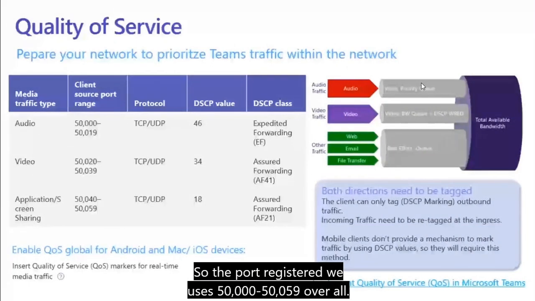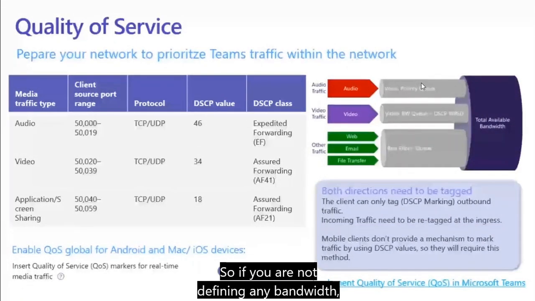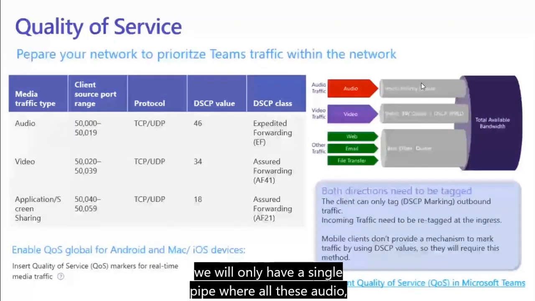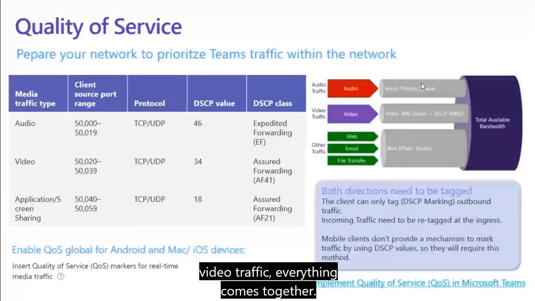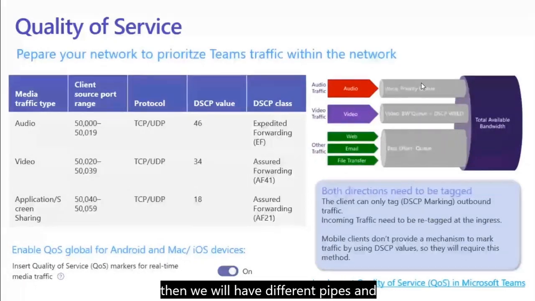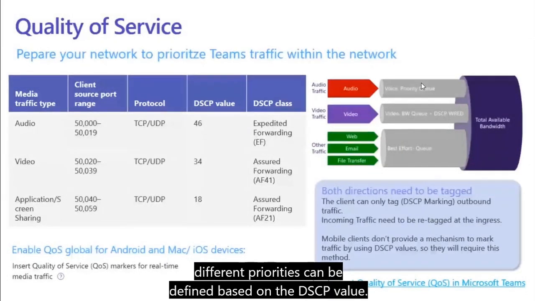The port range that we use is 50,000 to 50,059 overall. If you are not defining any bandwidth, we will only have a single pipe where all this audio, video traffic, everything comes together. If you define the DSCP value properly, then we will have different pipes, and different priorities can be defined based on the DSCP value.